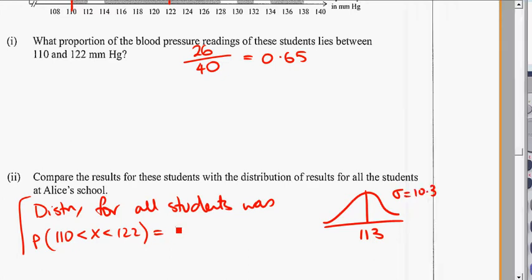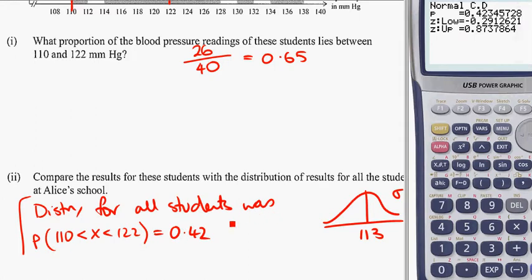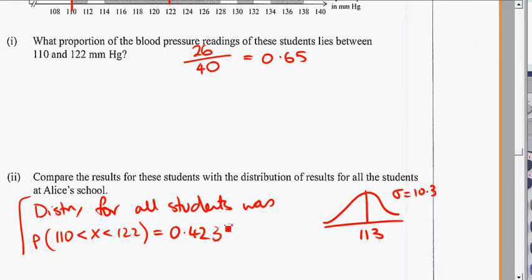It's only 0.423, to 4 dp. So only for the whole group, the probability of someone having a blood pressure between 110 and 122 is only 42%, whereas for these students it was 65%. So there's a difference already.